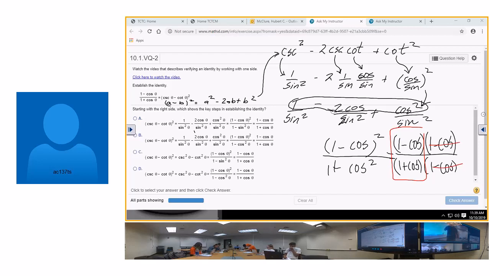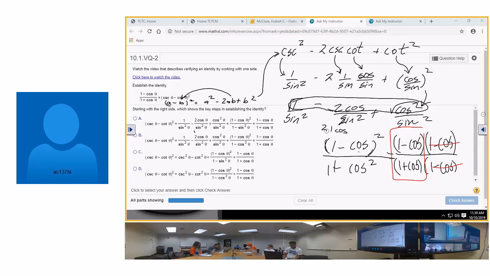So that goes this way, and you get 1 minus cosine quantity what? Because what's the square root of 1? 1. What's the square root of cosine squared? Cosine. What's 2 times 1 times cosine? So you've got shortcut number 2 right there.